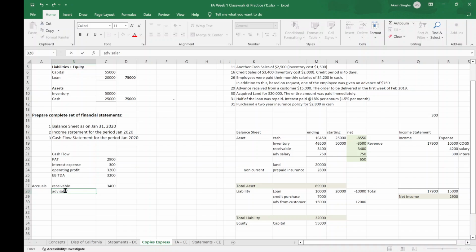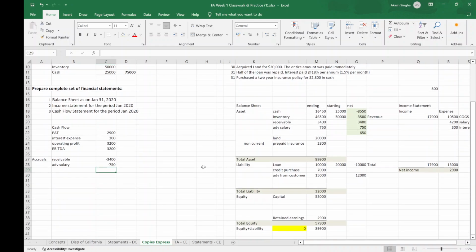Okay, sorry, receivable increase: we have not got the money yet, so it will obviously be minus of that, 0 minus this value. Advance salary is also stuck. We have spent it, but not yet received.